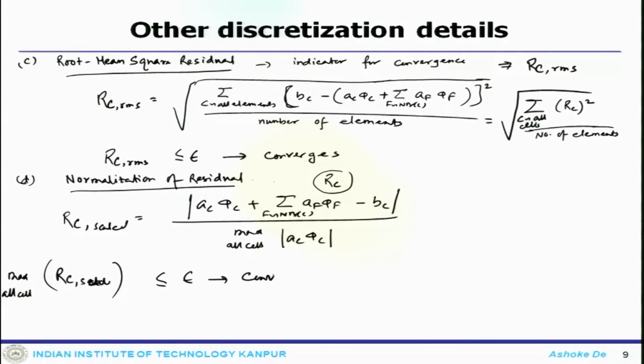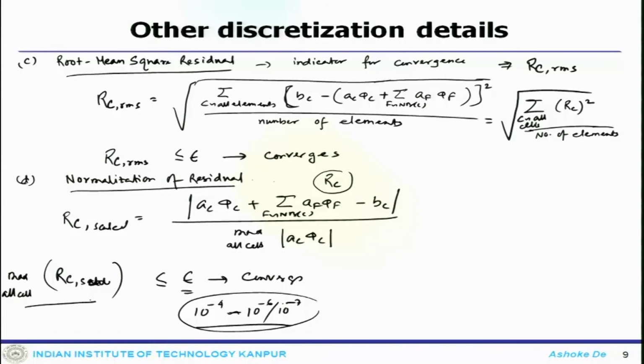It is very common that this epsilon is of the order of 10 to the minus 4 to minus 6, or minus 7, or something like that. So, it is a very small value which is specified. This is how to get the criteria on the residual.